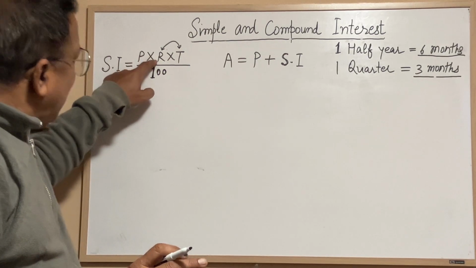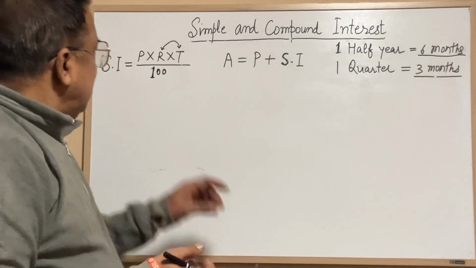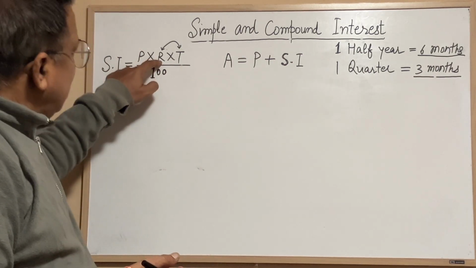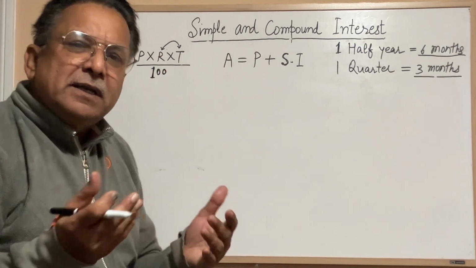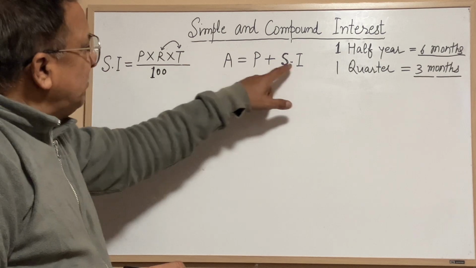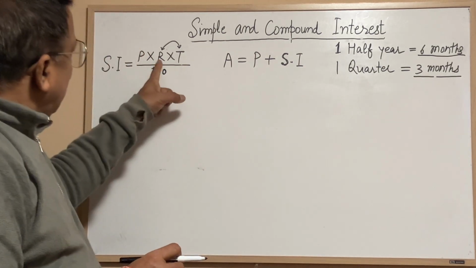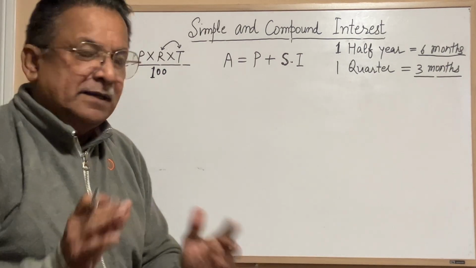If rate is half yearly, time should also be in half years. If rate is quarterly, then time should also be in quarters. Be careful. And amount is principal plus simple interest. This becomes very easy when we take R and T in the same pattern.